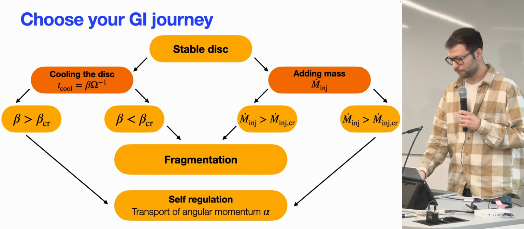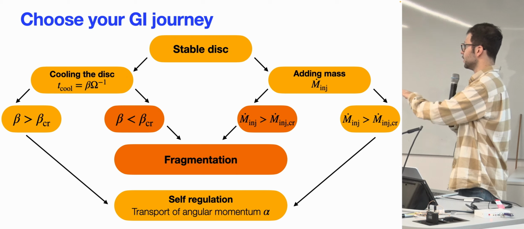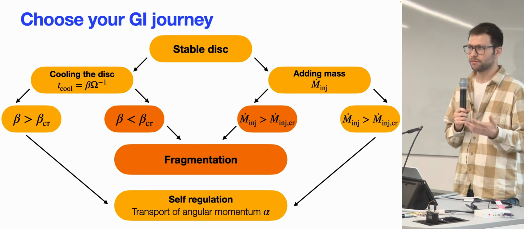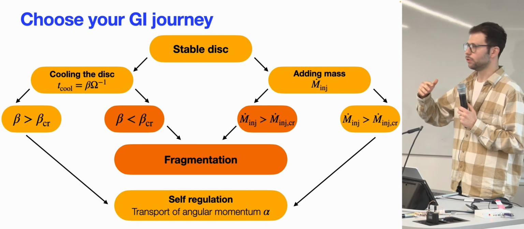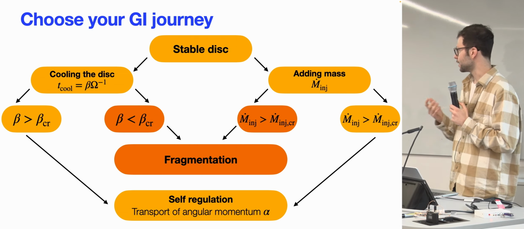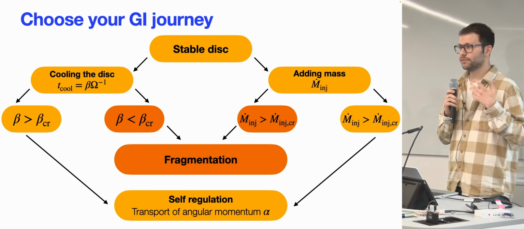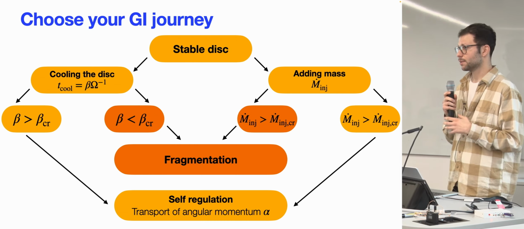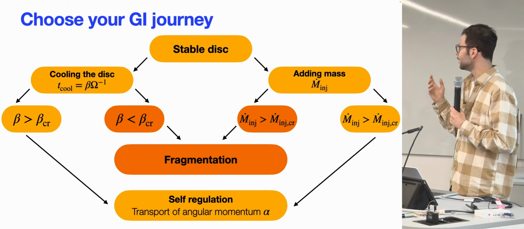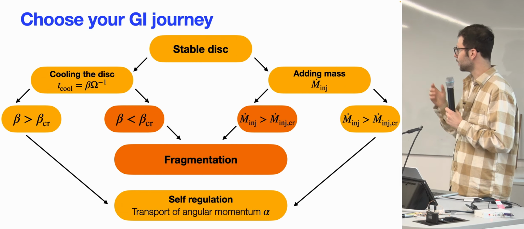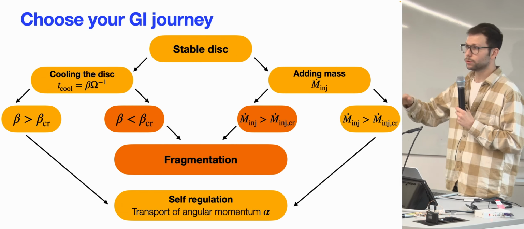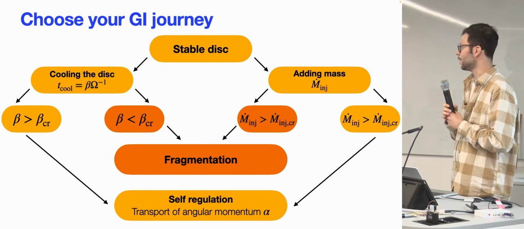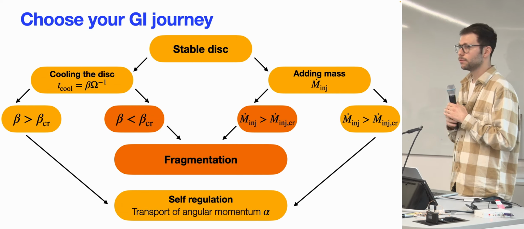A first outcome of this process is fragmentation, meaning that if we cool the disk too fast, so if our beta is too small, or if we add too much mass, we end up fragmenting the disk. The disk becomes unstable, develops a spiral pattern, but the disk becomes too cold or too massive, and so this spiral will fragment.